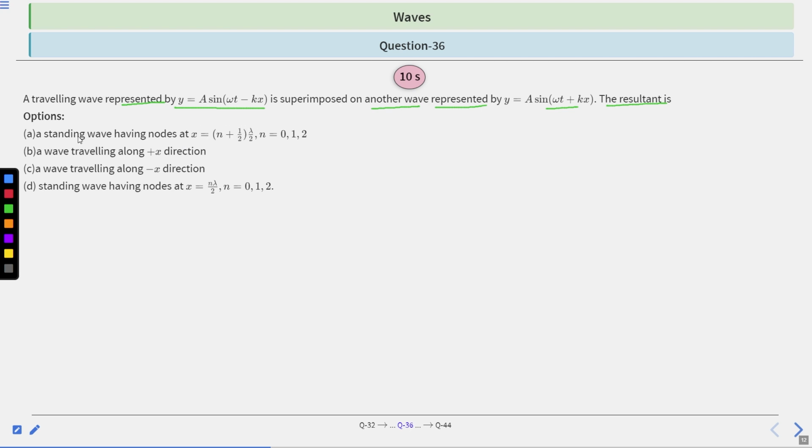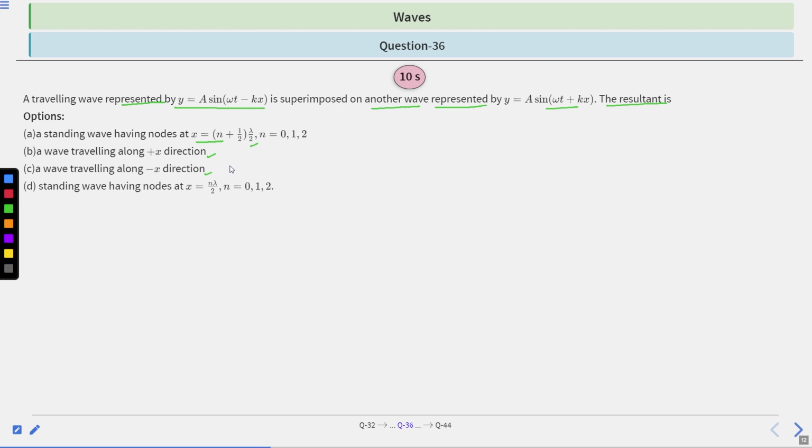Option A is a standing wave having nodes at x equal to (n plus 1/2) multiplied by λ/2. Option B, a wave traveling along the positive x-axis. Option C, a wave traveling along the minus x direction. And option D, a standing wave having nodes at x equal to nλ/2, where n equals 0, 1, 2. So which option is correct?